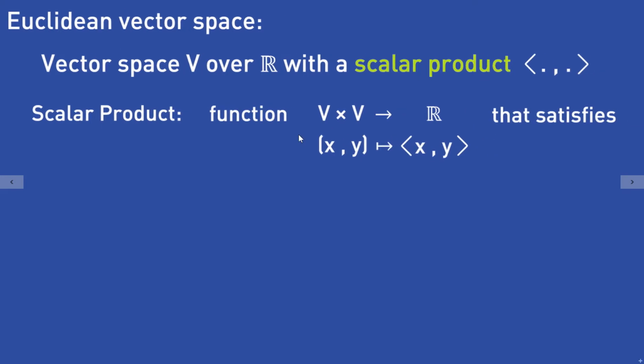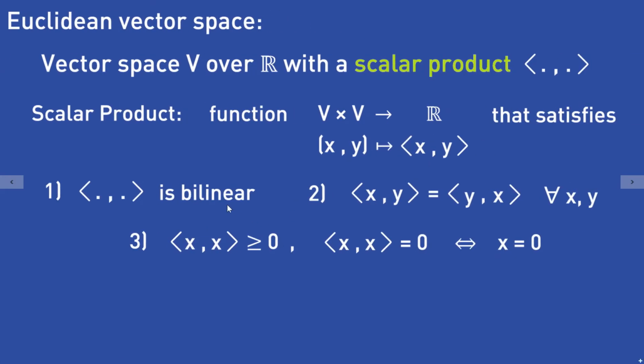A scalar product is a function from V cross V to the real numbers, which is denoted like that here, that satisfies that it is bilinear, that it is symmetric, which means that the scalar product of x and y is the scalar product of y and x for every x, y in the space V, and that it is positive definite, which means that the scalar product of x with itself is larger or equal to 0, and it is 0 if and only if x is equal to 0.